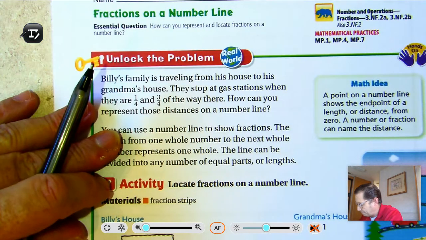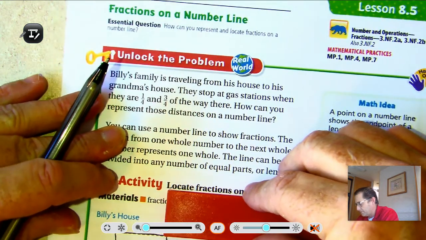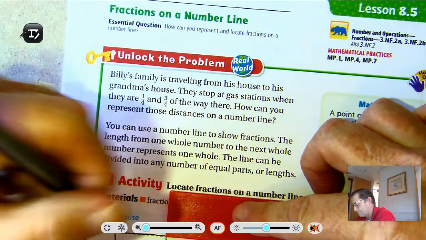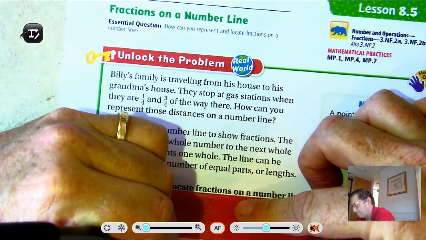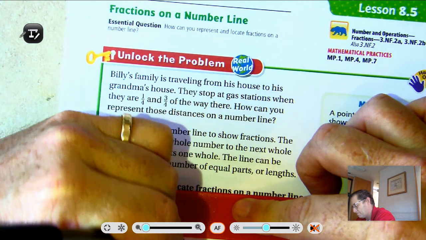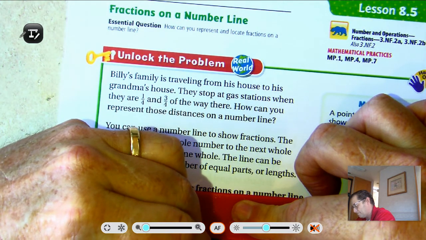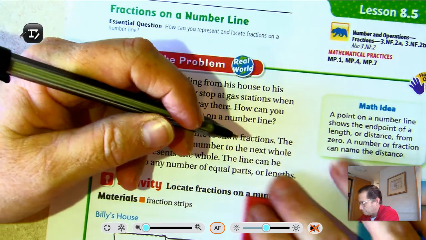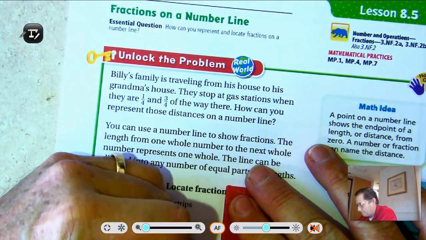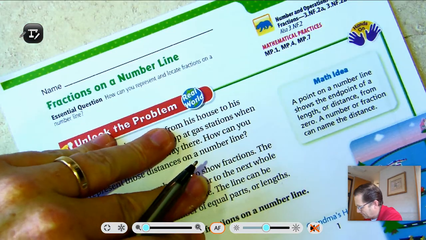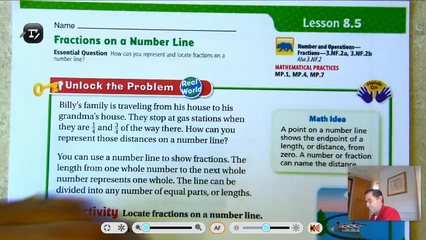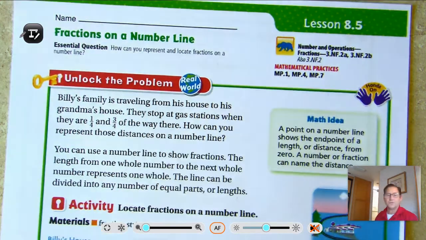Okay, so use something maybe to help you draw a straight line. Okay. And so that's another 1/4.